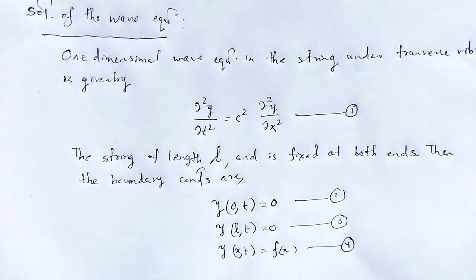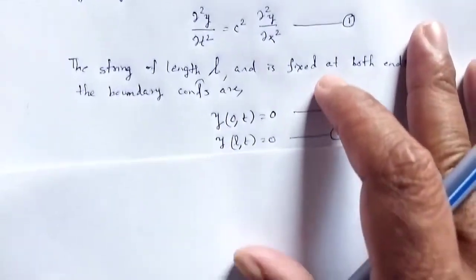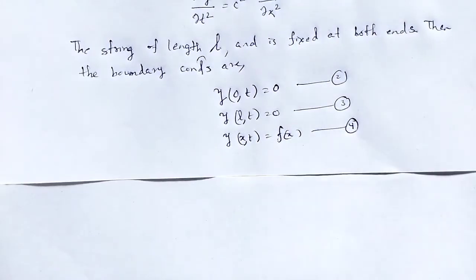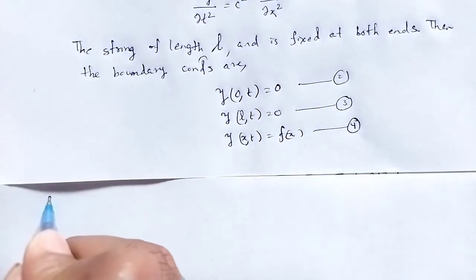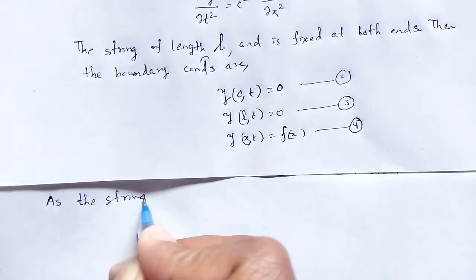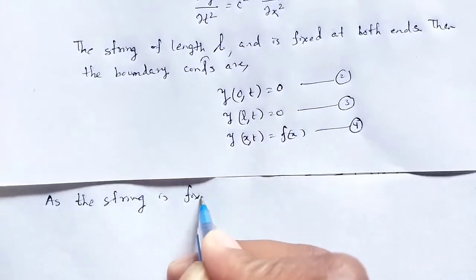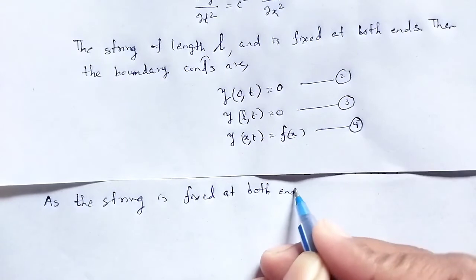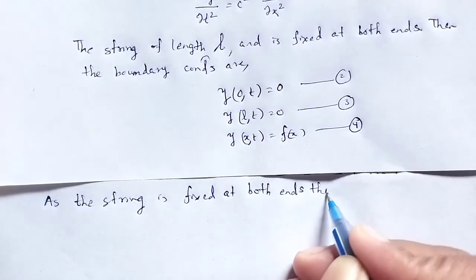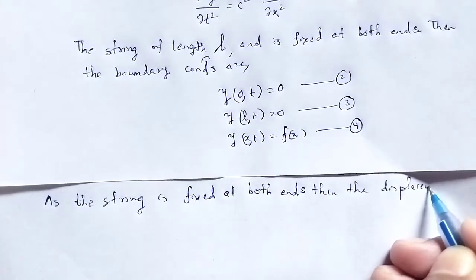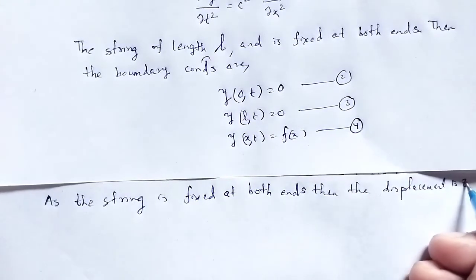These are the boundary conditions. As the string is fixed at both ends, it will be at rest, then the displacement is 0, y is equal to 0.